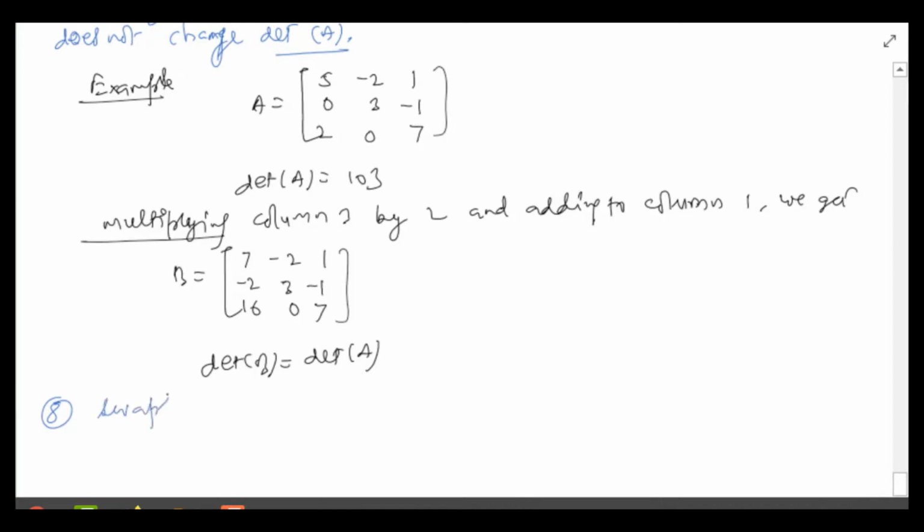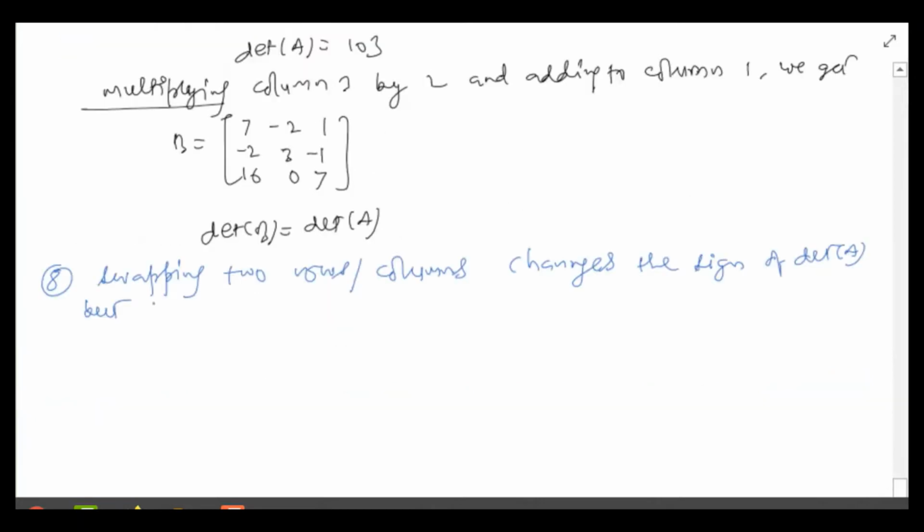So swapping two rows or columns changes the sign of determinant of A, but the absolute value remains the same.